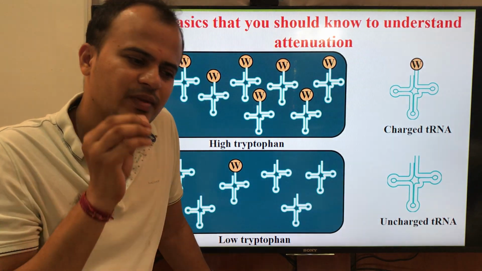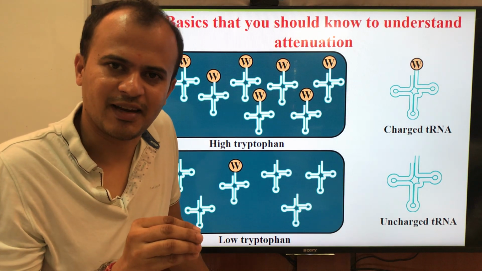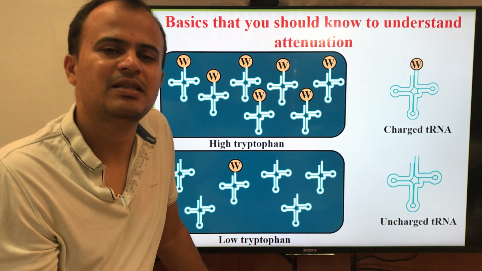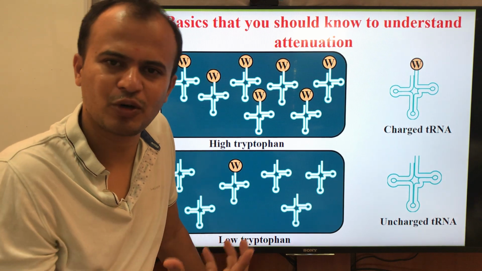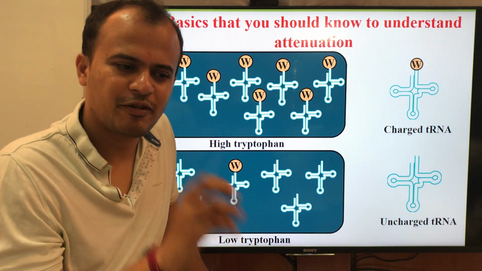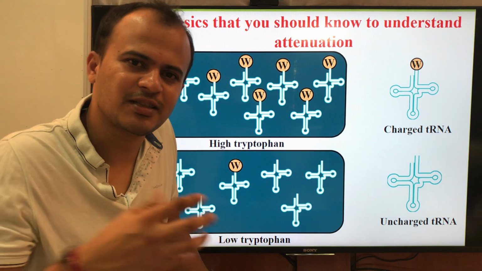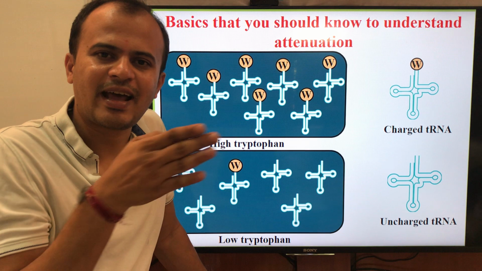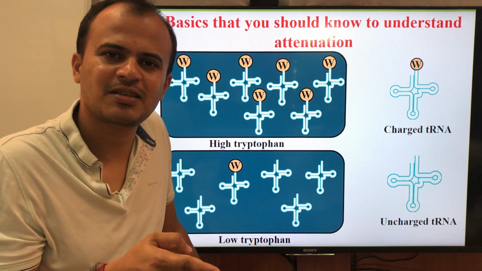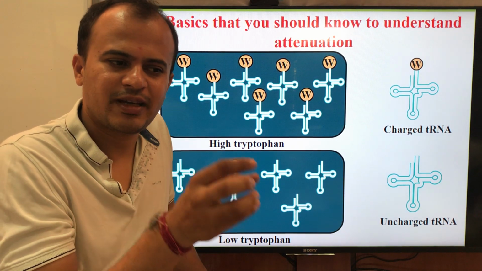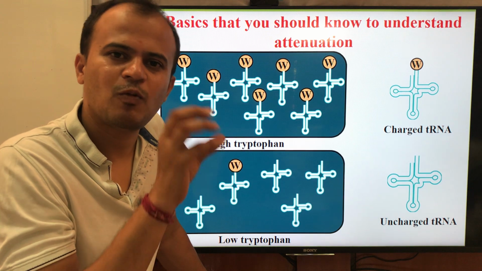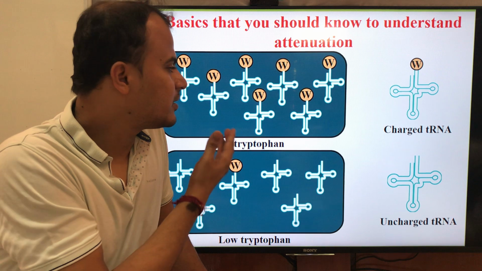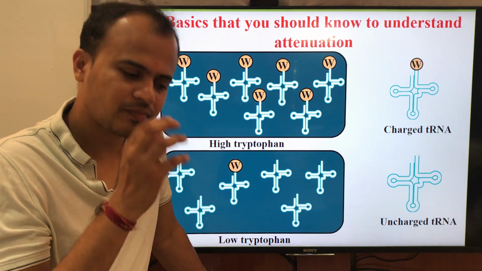As you all know, if there is tryptophan in the cell, the role of tryptophan is that it should be utilized for protein synthesis. So if it is to be utilized for protein synthesis through translation, the amino acid is carried to the site of protein synthesis by tRNA. So there is a specific tRNA for carrying the amino acid tryptophan.